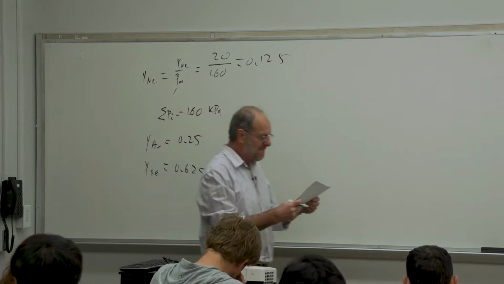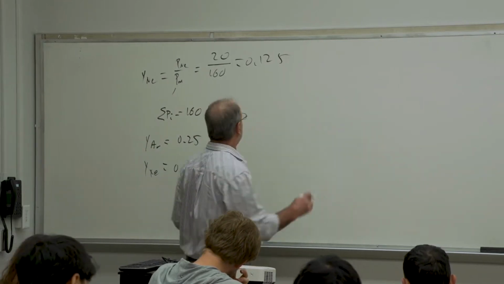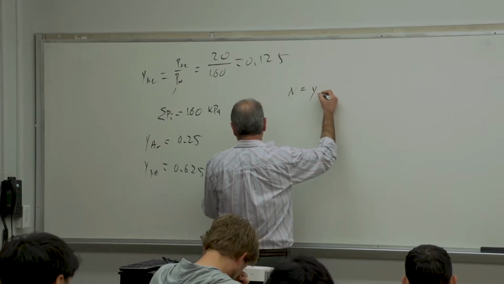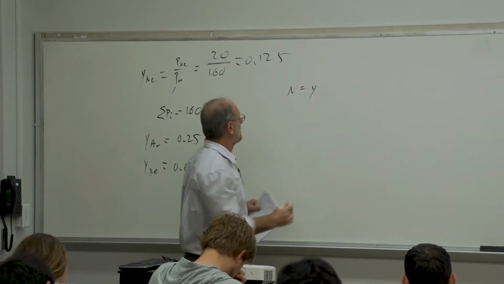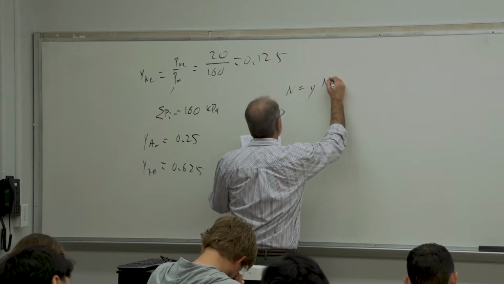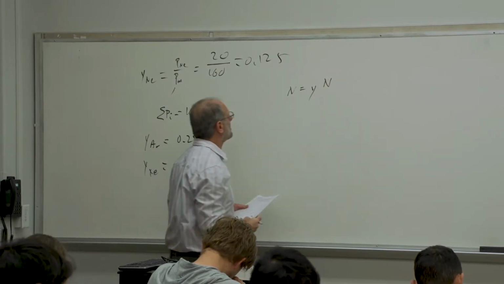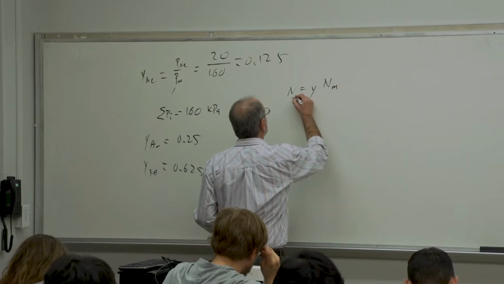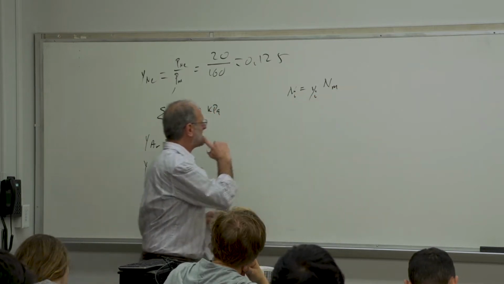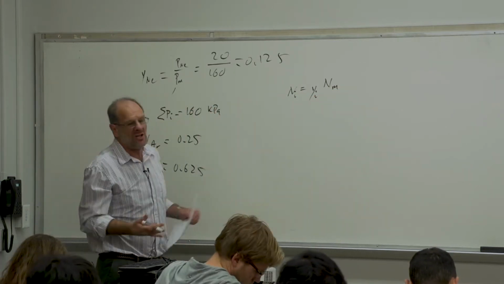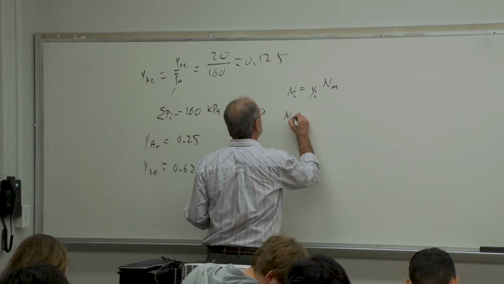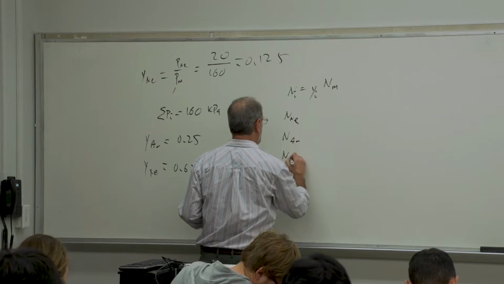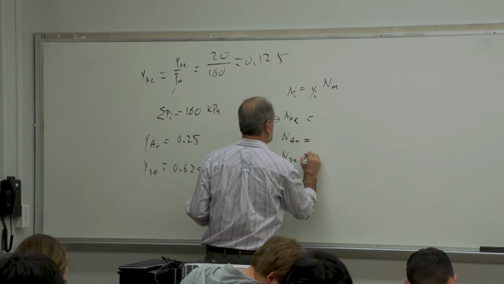Now that we have the mole fractions, we can find the number of moles. We know the number of moles of a component is just the mole fraction multiplied by the number of moles of the mixture. So let's call this Ni, this is y, and this is N. Again, we'll just use this to calculate the various values for the neon, the argon, and the xenon.